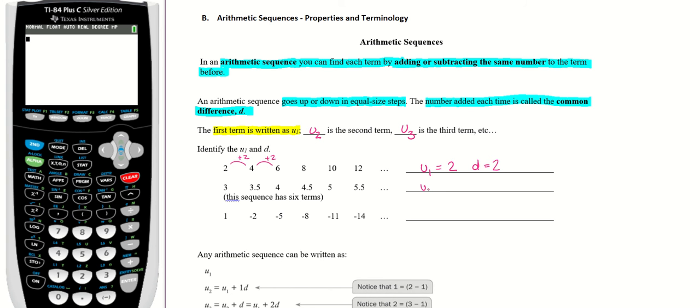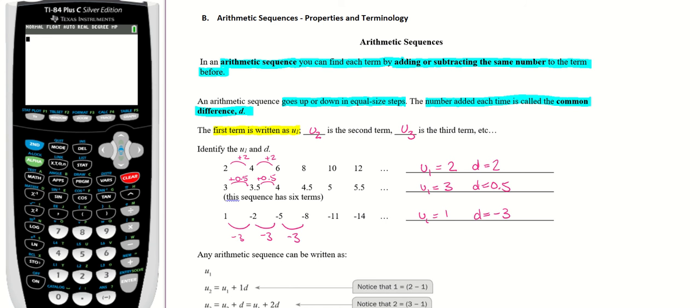In the next sequence, our first term is 3, and then we're adding 0.5 each time, so our common difference is 0.5. In the last one, you'll notice our numbers are getting smaller, not bigger. We start with 1, and at each step, we're subtracting 3, or adding -3. So our common difference here, the sign is really important, the common difference is -3.